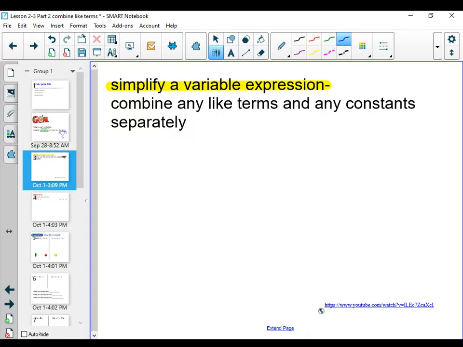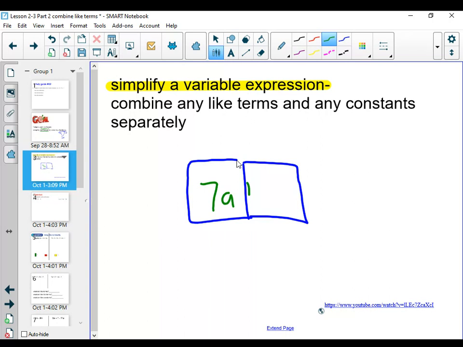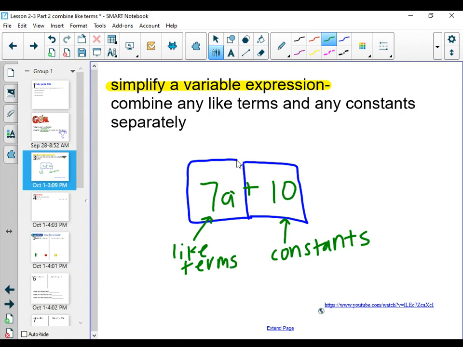2 days ago, we had some examples where the answers were in a box. Yesterday, we learned that these were called constants. The constants cannot be combined with the like terms. We can combine them each separately, but we can't put them all together for 17.